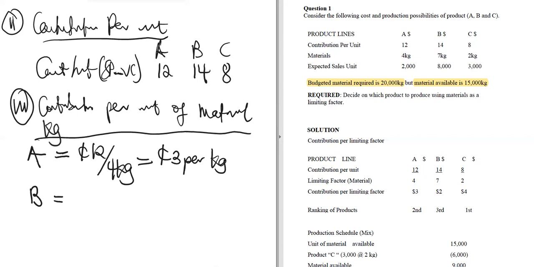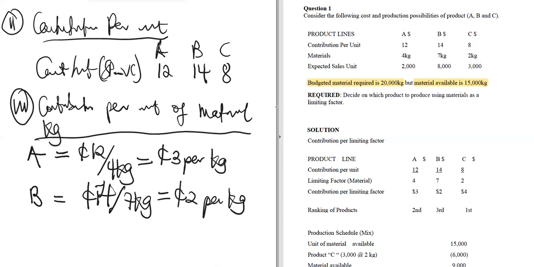For B, it is 14 cedis, but we need 7 kg to make the 14, so we make 2 cedis per kg. We want to see which one will be more profitable. When we look at C, we are making 8 cedis for 2 kg, so for 1 kg we make 4 cedis per kg.